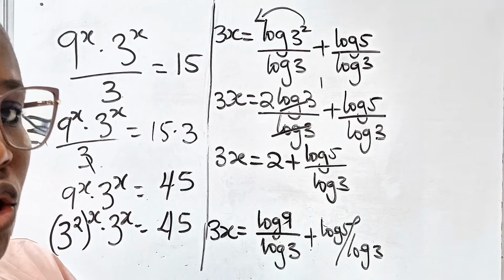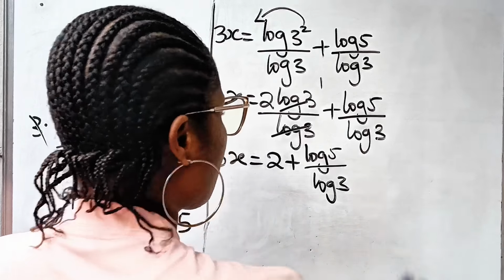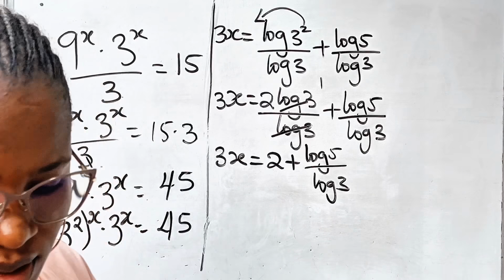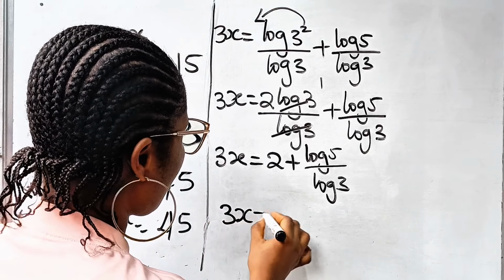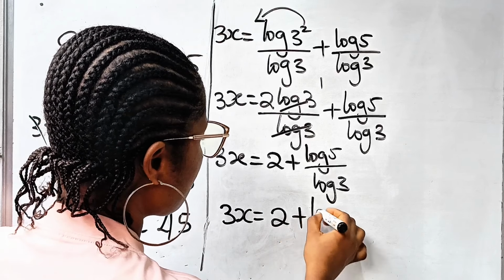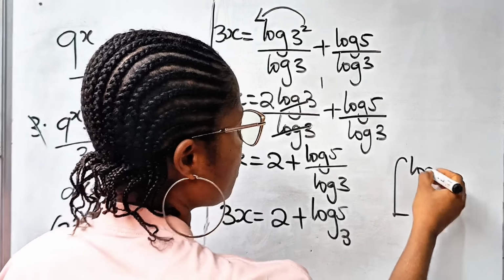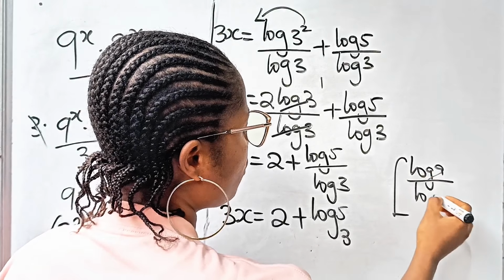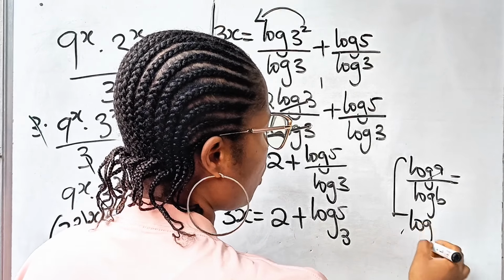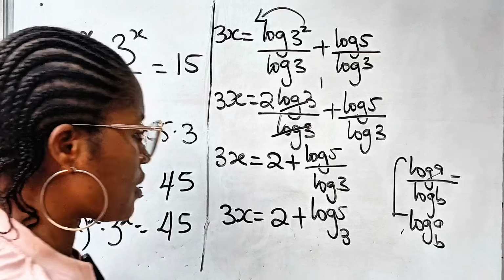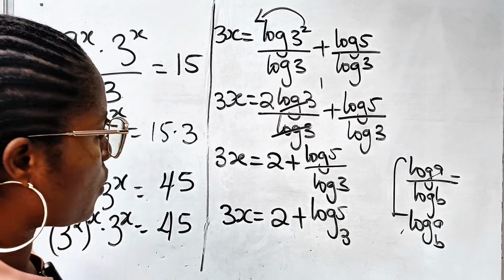Now, by use of change of base, we will have 3x is equal to 2 plus log 5 base 3, because log A divided by log B is equivalent to log A base B. So that's why I wrote this as log 5 base 3.